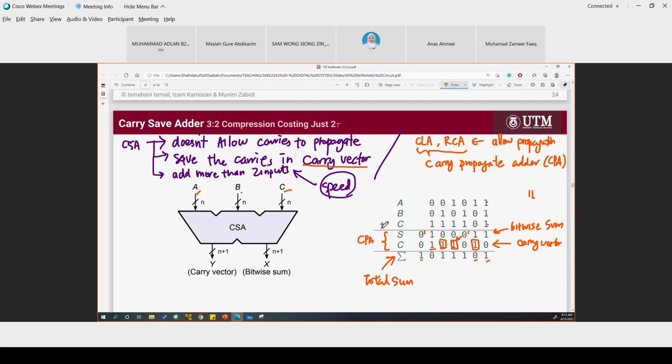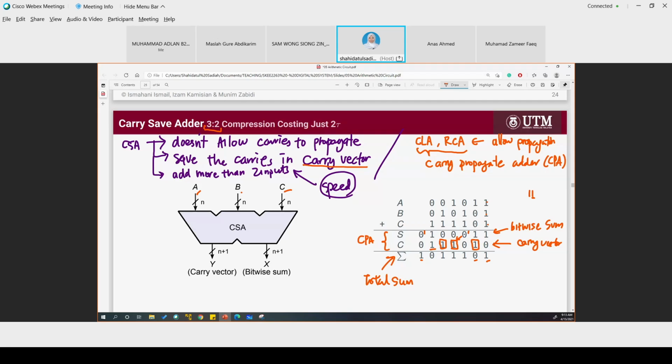So we have compressed the three stages of addition into 2 stages, because from A, B, and then you get a result, and then you add that result with C. Instead of doing that, we add A, B, C all together in one step. Not like one step, but like in parallel. Okay, A, B, C together.